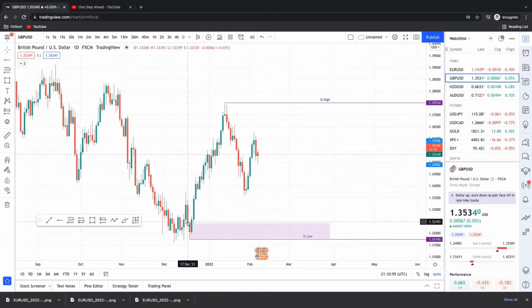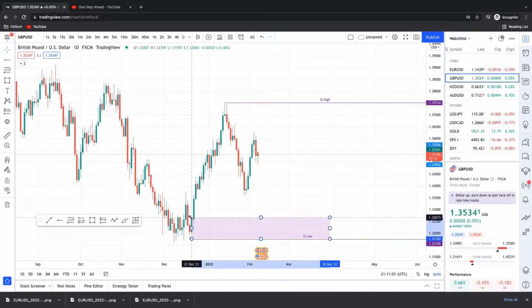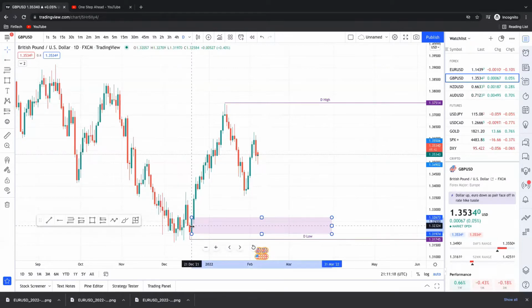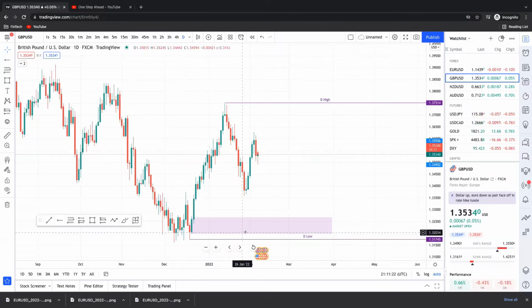I would say I will take this candle as well, because if you look at the details, this wick mitigated the open of this candle, so it is likely to come back here. This is more valid than this, and if it doesn't respect it, then it's going to break and get a new low.